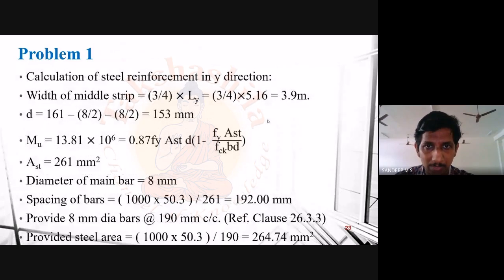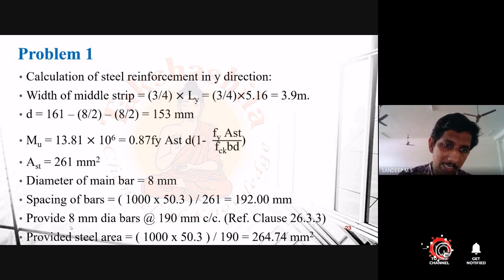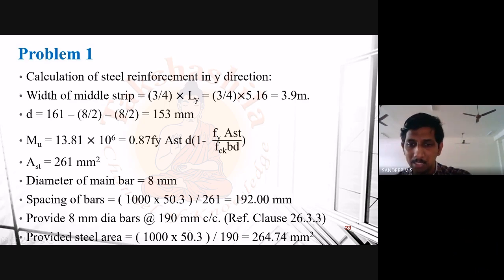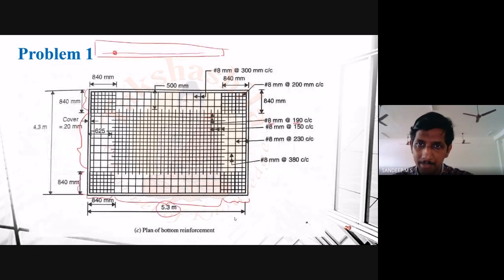So if you come back to the design, when we designed with respect to Ly direction by substituting the value of My, we obtained an Ast, and we have finally provided 8 millimeter diameter bars at 190 mm c/c. That is what is shown in this diagram. So that is what is shown here, 8 millimeter at 190 mm center to center.